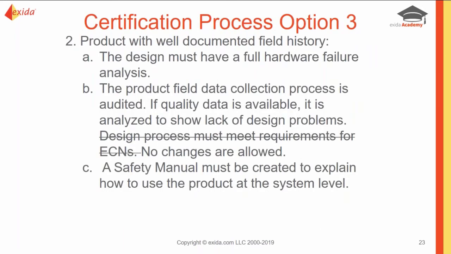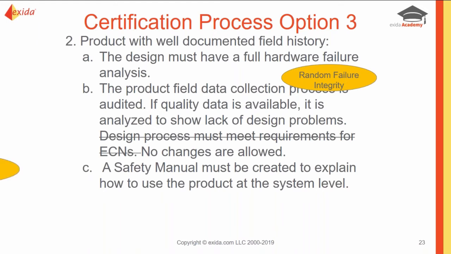The third certification process option is if you have a product with well-documented field history, however, this time there's no changes allowed. So everything is going to be the same as option 2. You're still going to have an FMEDA. You're still going to look at the product field failure data collection.